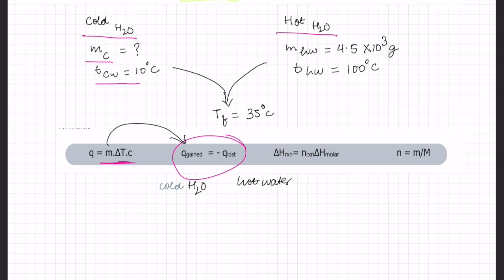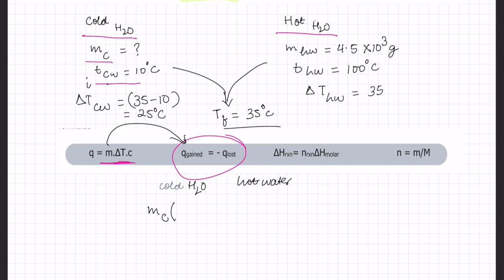So let's plug this equation in for both cold and hot water. It's a mass of cold water times delta T of cold water. The initial temperatures differ, but the final temperature is the same for both. So the delta T for cold water would be 35 minus 10, 25 degrees Celsius, and the delta T for hot water would be 35 final minus initial, so negative 65 degrees Celsius.